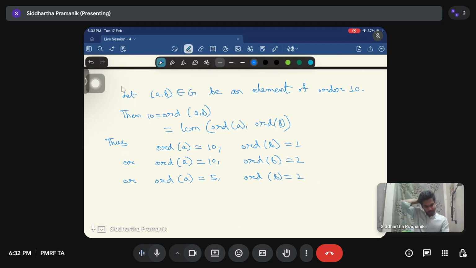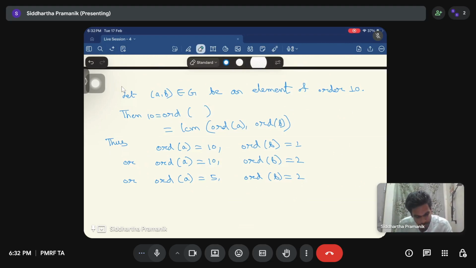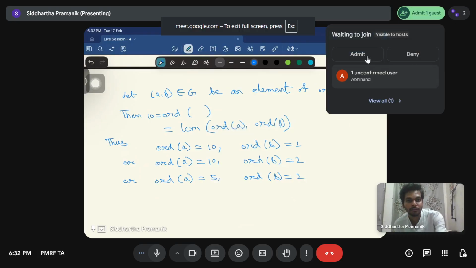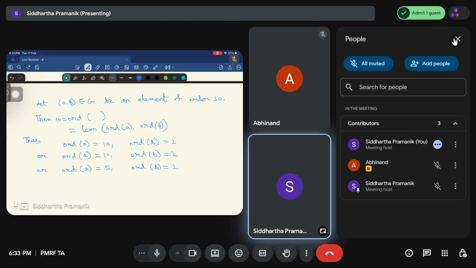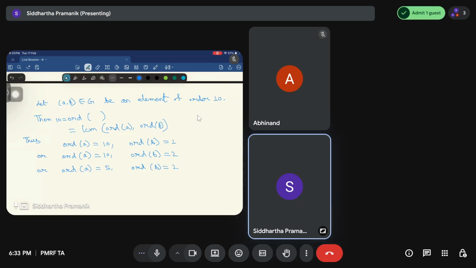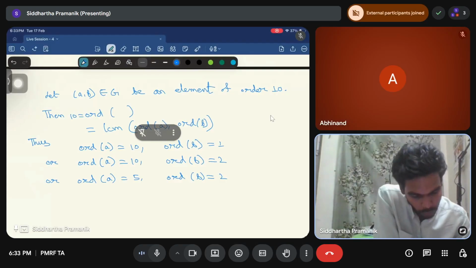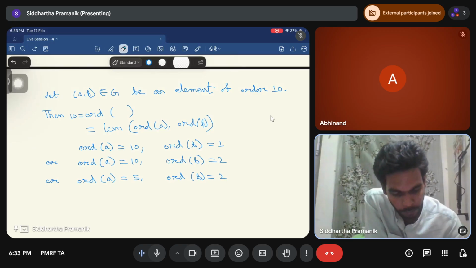You can check that we have only these three possibilities, in which case the order of this (A, B) is 10. There will be no other possibility, and in each of these cases we have to find the total number of elements.